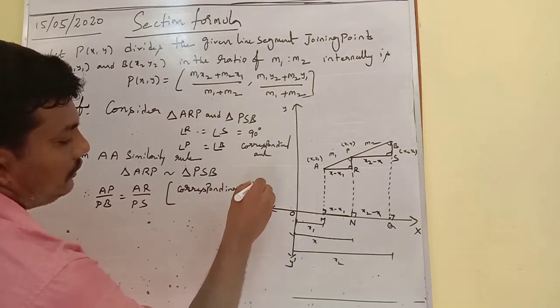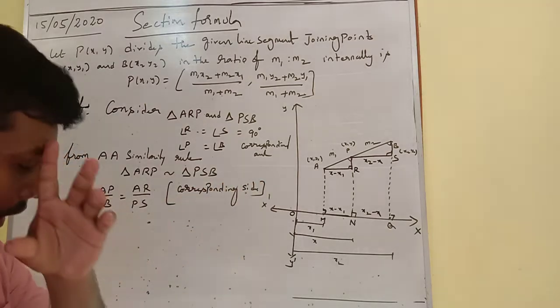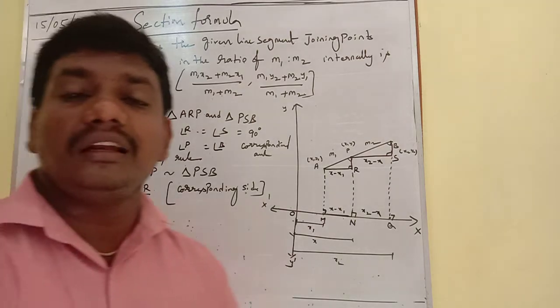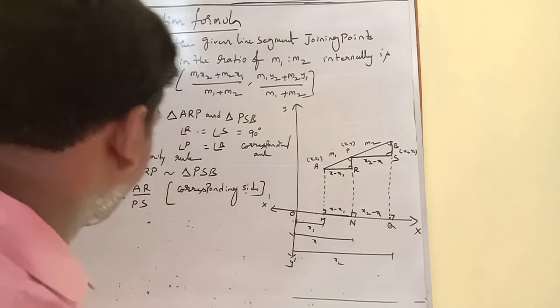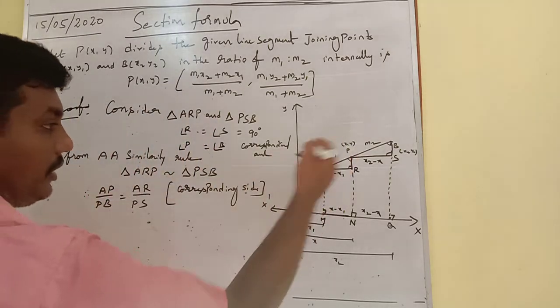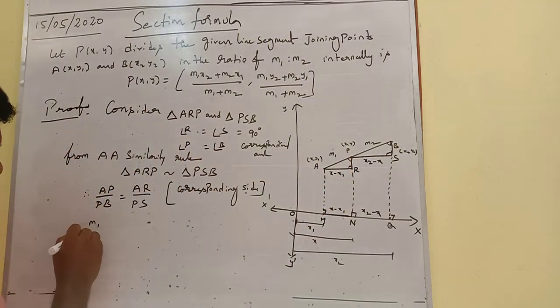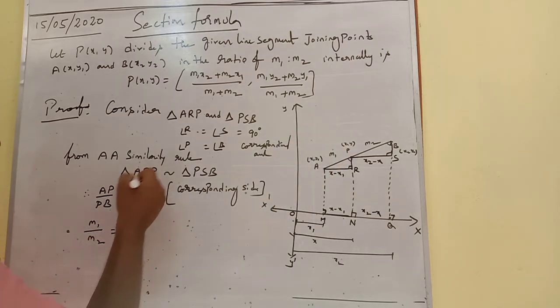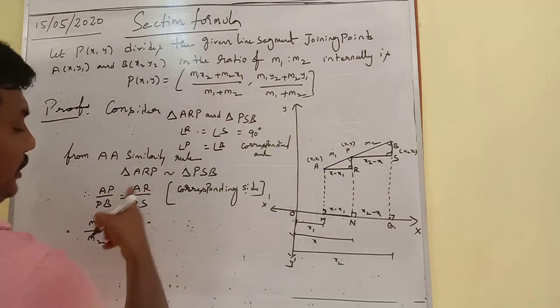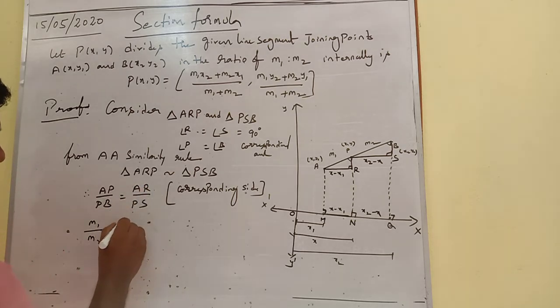Corresponding sides of similar triangles are proportional or in the same ratio. Then AP is m1 and BP is m2, and AR is x minus x1 and PS is x2 minus x.